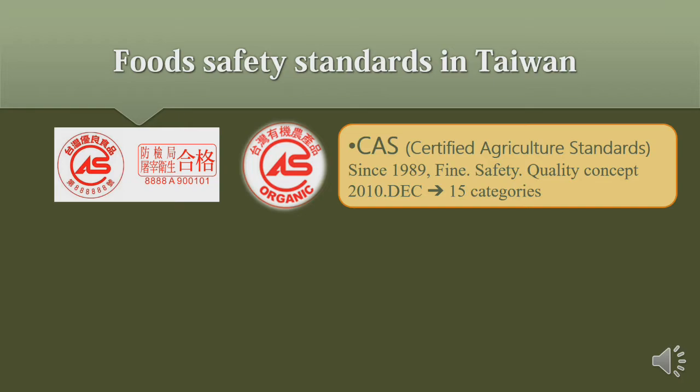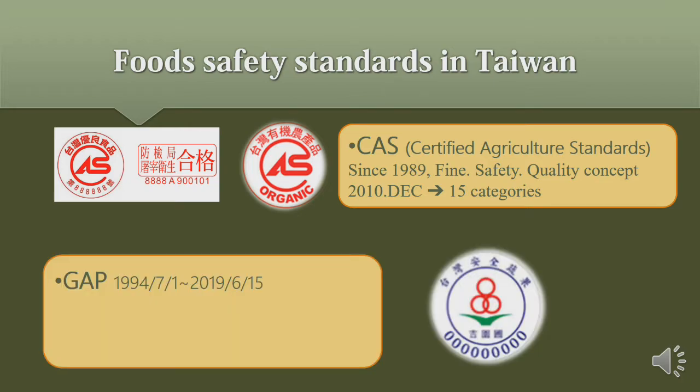Until December 2010, the categories were not only meat but more than 15 products. For example, meat, eggs, veggies, and frozen food, and so on. So it's 15 or 16 categories.